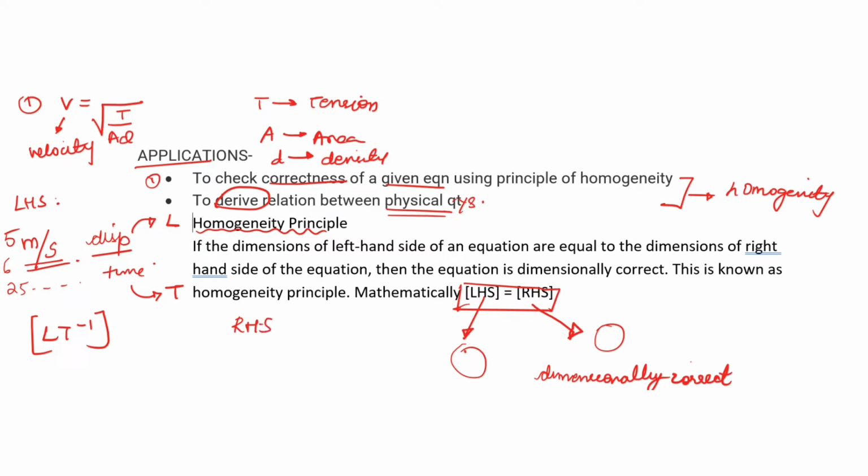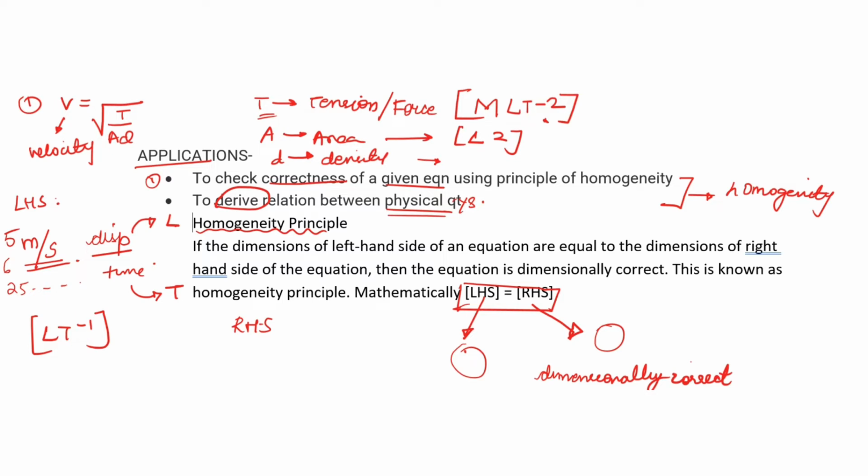Now the first thing we see is T. Tension is a kind of pulling force, so it will have the same dimensional formula as that of force, which is MLT power minus 2, which we've already discussed. The dimensions of area is length square, side into side. And the dimension of density is mass by volume, so it will be M by L cube, that is ML power minus 3.